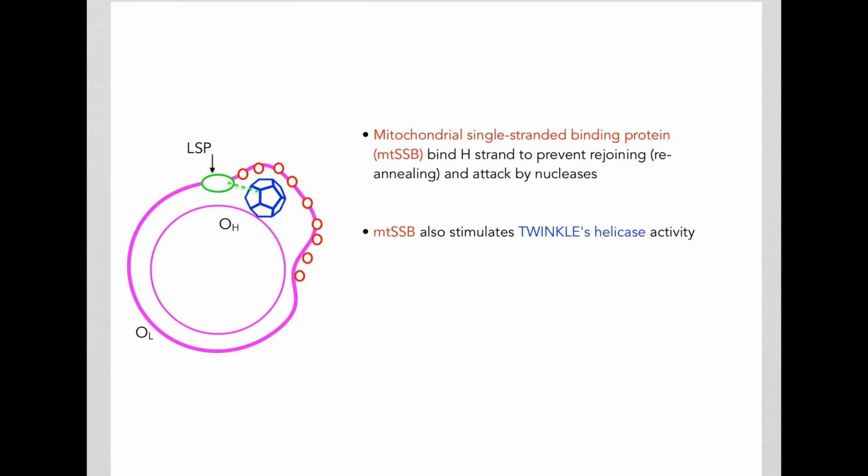And as the two strands are unwound, once again, the single-stranded binding proteins will come and bind the H strand to prevent it from rejoining to the L strand, as well as prevent it from being attacked by nucleases. It's also believed that these MTSSB proteins also stimulate the helicase, the Twinkle's activity.